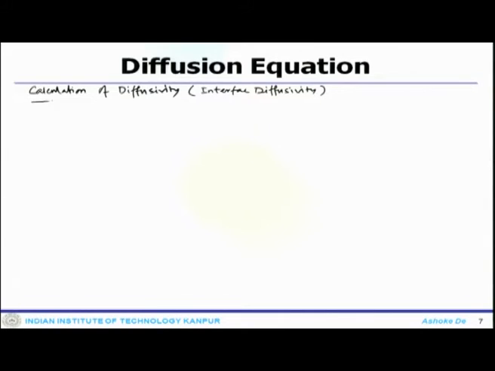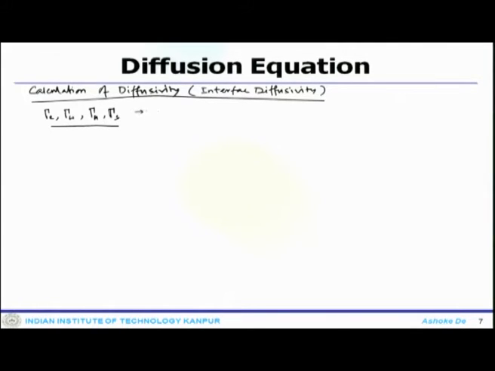In our discretized equation system, we have written the diffusive coefficients like gamma E, gamma W, gamma N, gamma S. These coefficients belong to the faces.